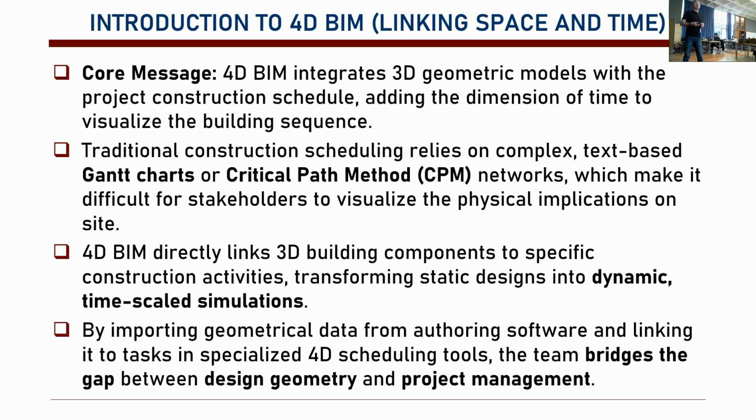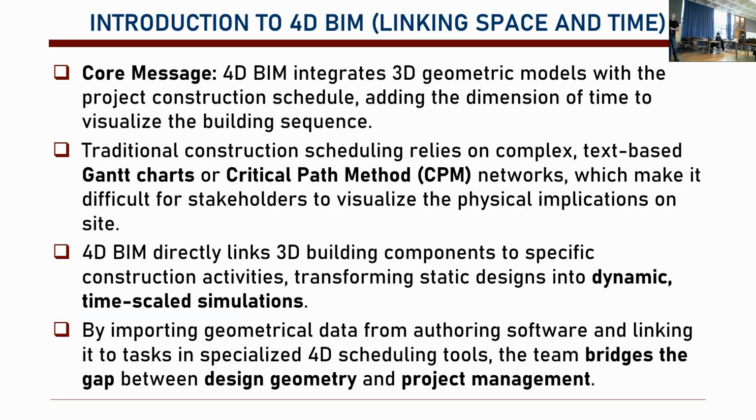Traditionally, we used to do that with Gantt charts or critical path method networks. These bar charts were manual, and you had to be a very skilled or experienced person to visually, three-dimensionally understand the implications of your charts.